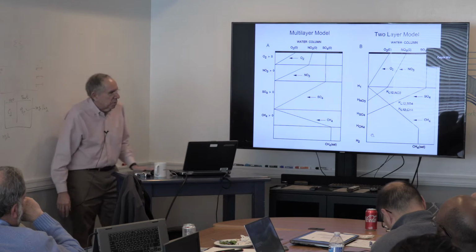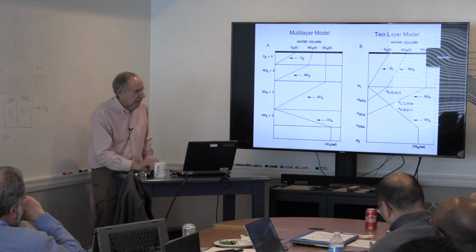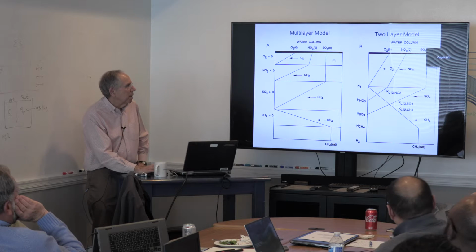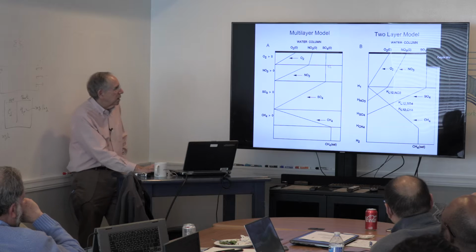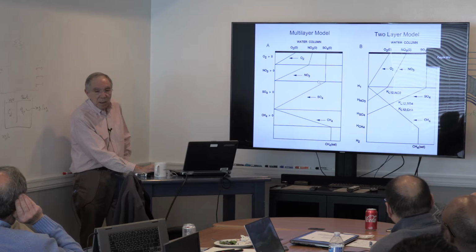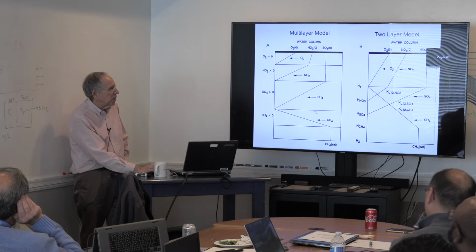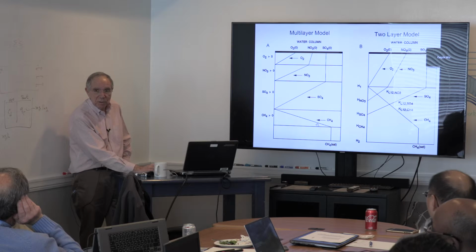All right, so if you think about it, you've got to build a model that can handle the aerobic layer. If you build a multi-layer model, the Dutch built a model that looks like this. You have the layer in which denitrification is occurring, you have the layer in which sulfate reduction is occurring, and then you have the layer in which methane is being produced, if it actually is being produced.